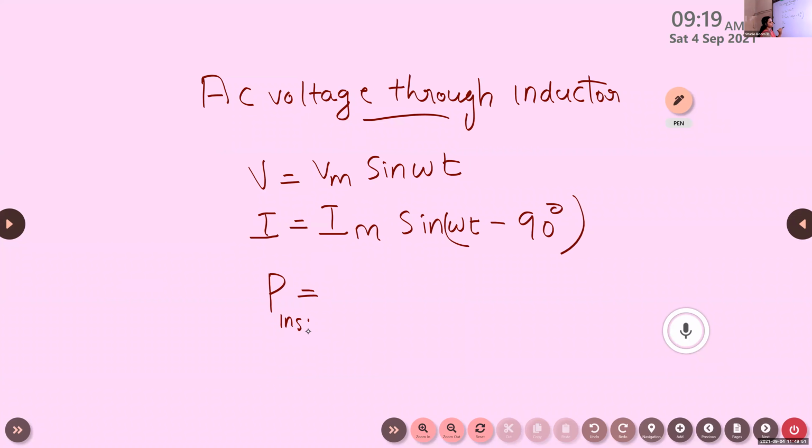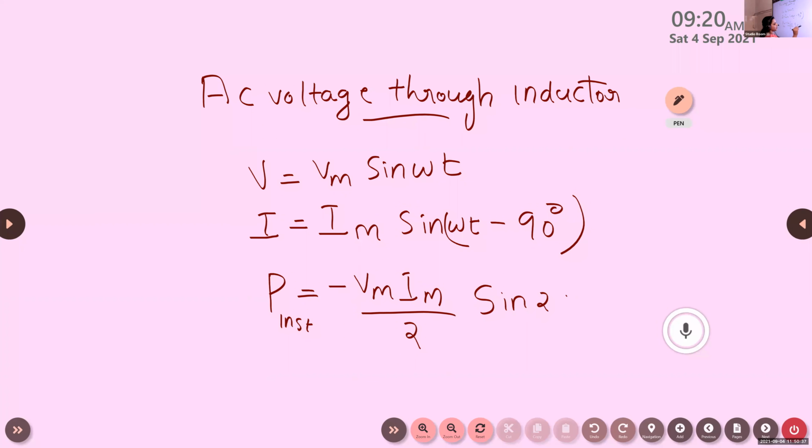Then what about the instantaneous value of power? Minus Vm Im by 2 sine 2 omega t.